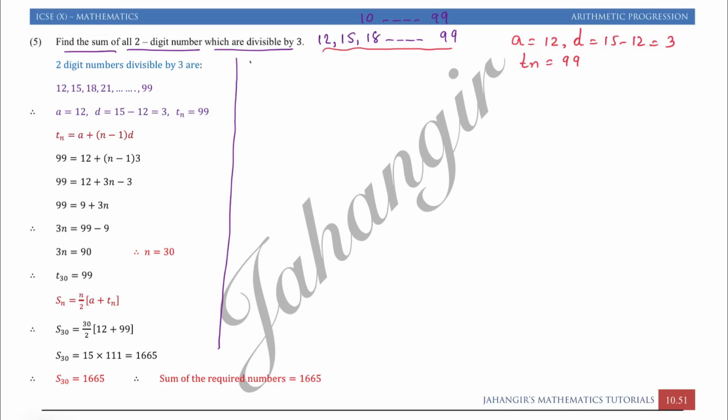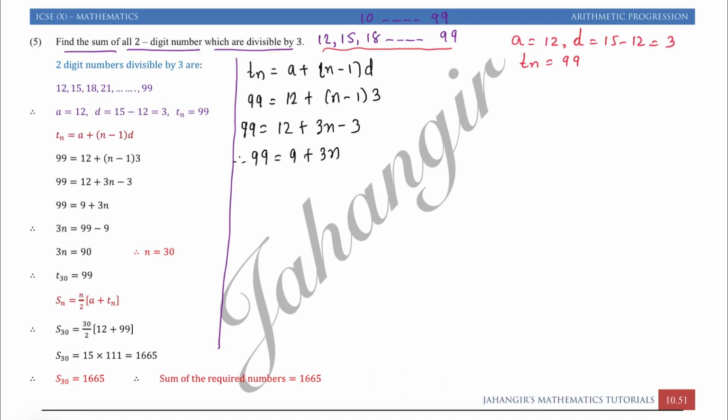Taking tn as 99, we write a plus n minus 1 into d. So last term 99 is equal to first term 12 plus n minus 1 into 3. So 99 is equal to 12 plus 3n minus 3. Therefore 99 is equal to 9 plus 3n.